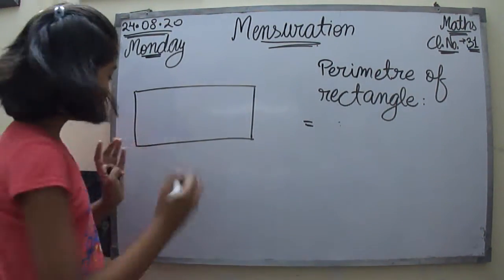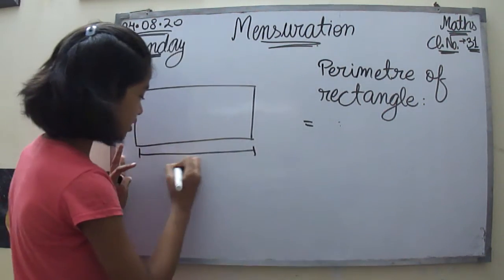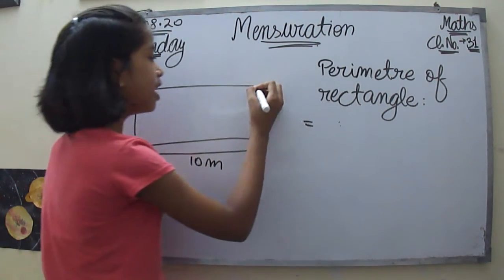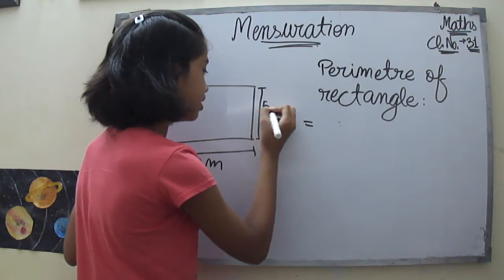So let's say that the length of the rectangle is equal to 10 meters and the breadth of the rectangle is equal to 5 meters.